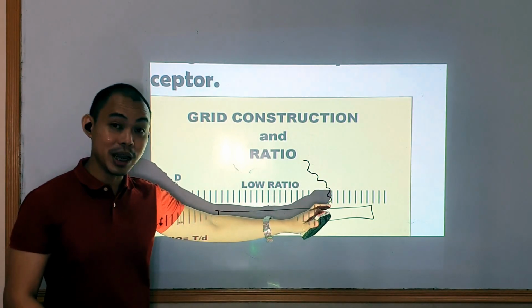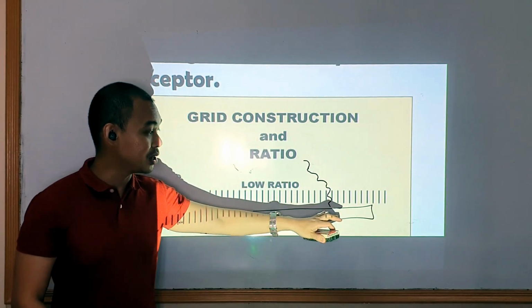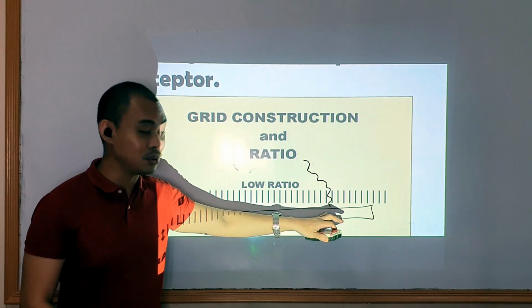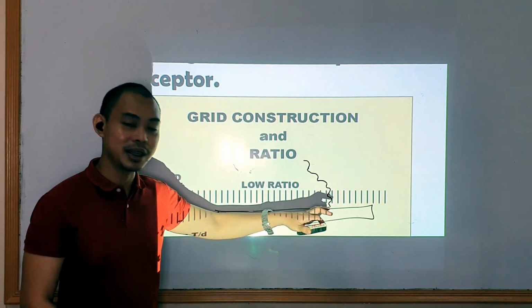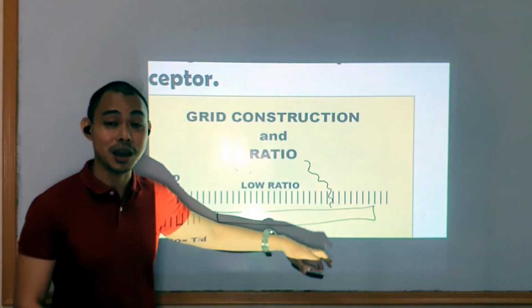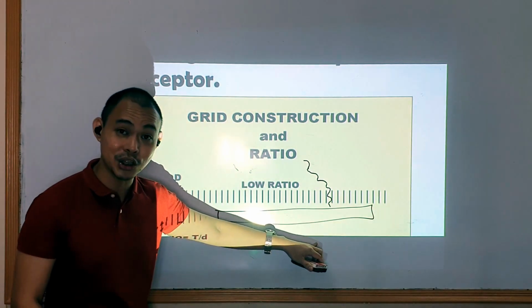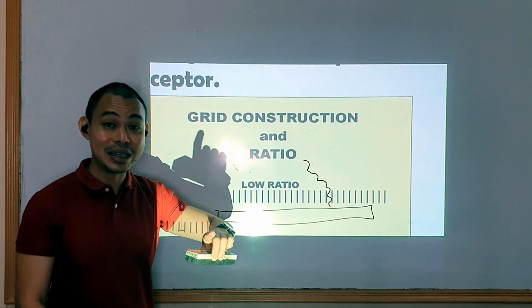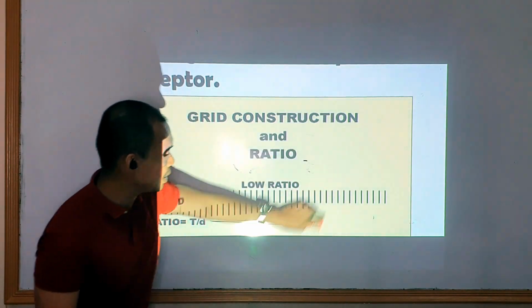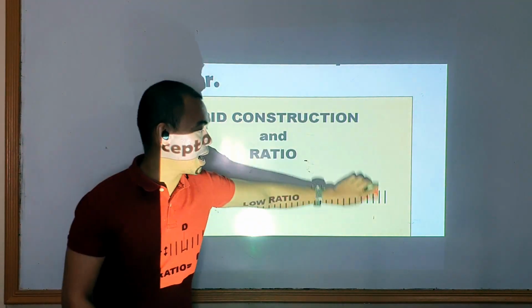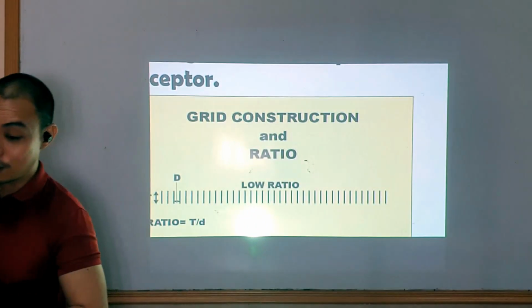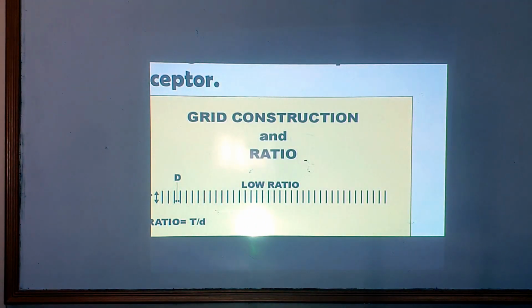And that scatter radiation can register its information or go to your image receptor. It can reach your image receptor. And therefore, what will happen to the contrast of your radiographic image for this examination? It will decrease. So which one, guys, do you think is better? A high grid ratio or a lower grid ratio?